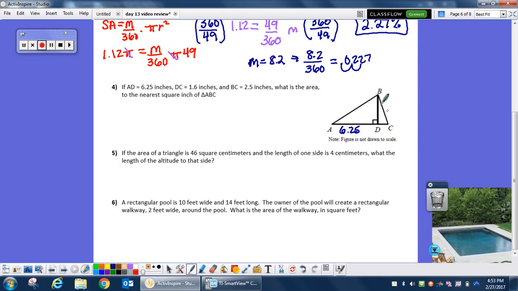6.25. I do want to make a note that you need to make sure you are finding the correct stuff. Okay, so the first thing it asks for is, what is the area of ABC? So I would make sure I know that area.